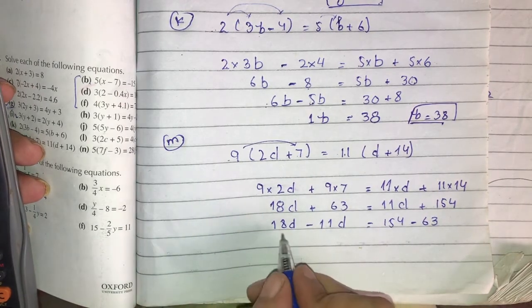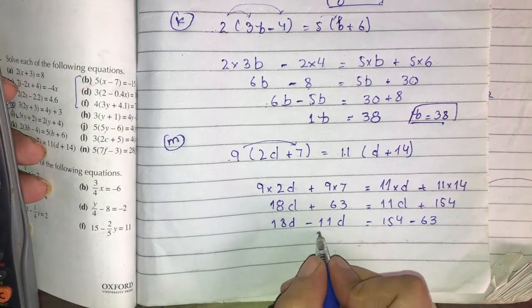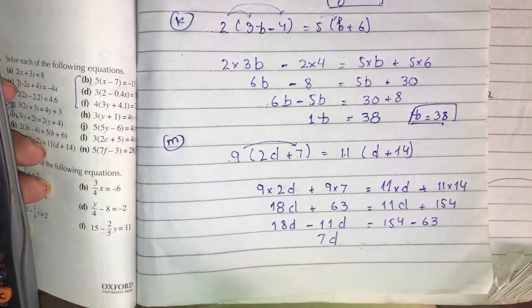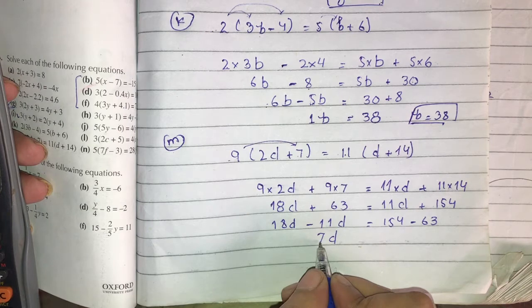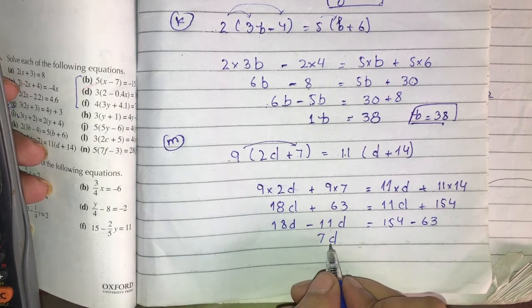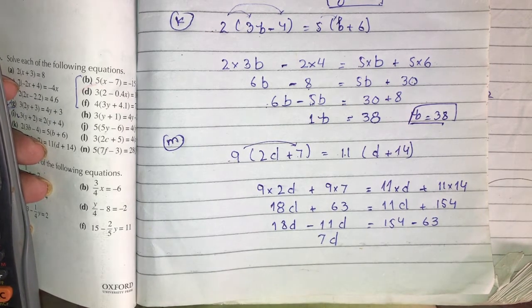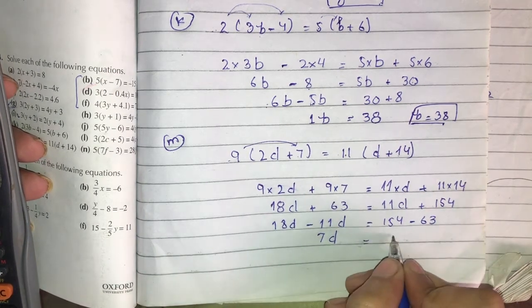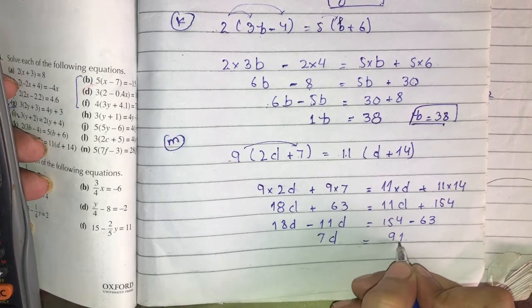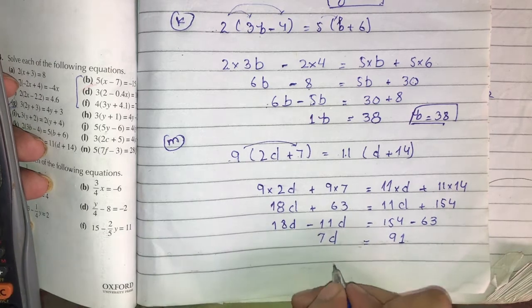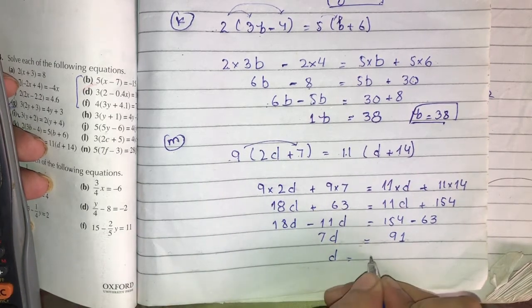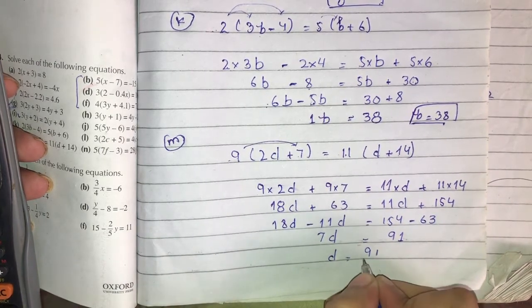Now we subtract this, 18d minus 11d, then we get 7d. There is plus sign with the biggest value because 18 is the biggest value and has plus sign, so this is also plus 7. Okay, now 154 minus 63, then we get 91. 7 is multiplied by d.